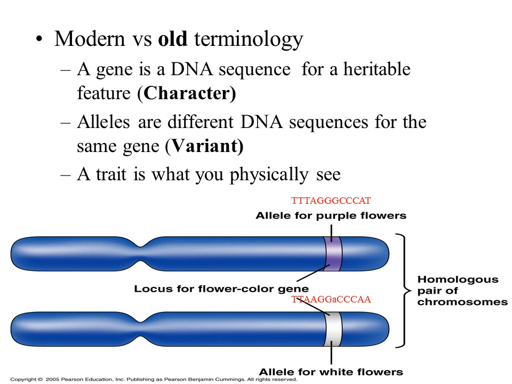Alleles are different DNA sequences for the same gene. Mendel used a variant, a variant form, an alternative form. Now we use the term alleles. A trait is what you physically see: the purple flower versus the white flower.